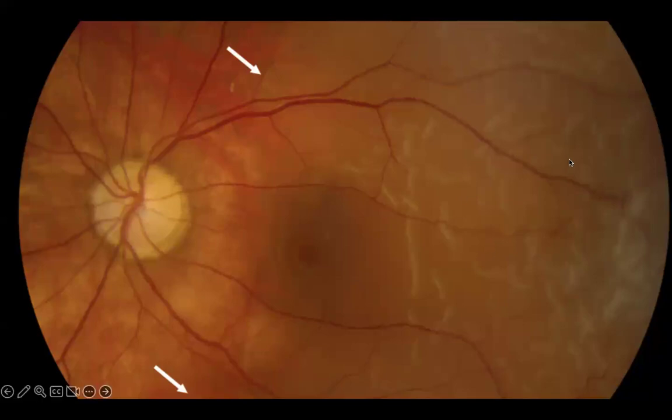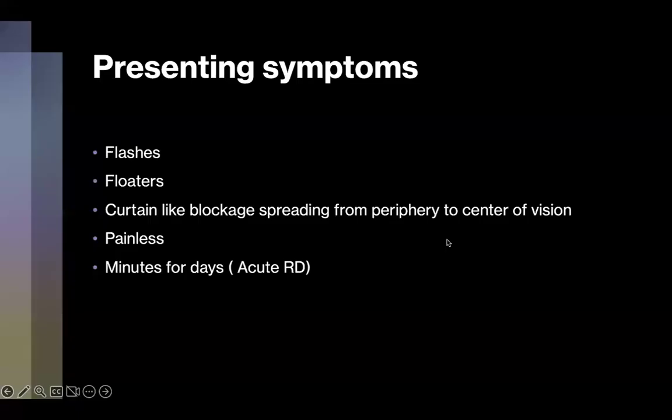So this area is detached, and the fovea is still attached. So this is a macula on or macula attached retinal detachment. This is an emergency.